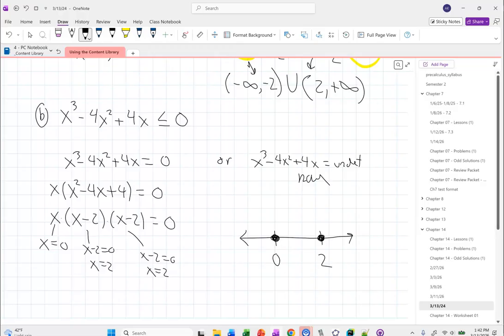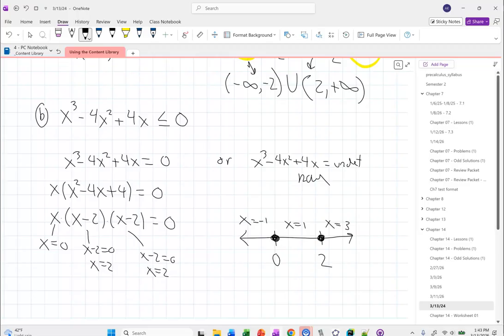Okay. I'm going to pick some test values now. So maybe negative 1, 1, and 3. I can plug those test values into the original, the partially factored, or the completely factored form.